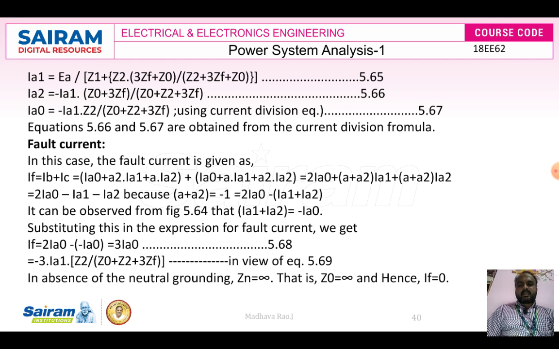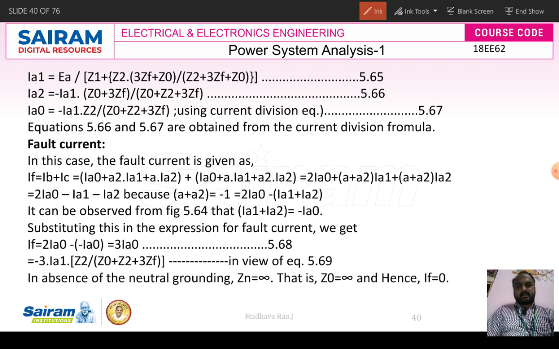Substituting for IB and IC in the fault current and simplifying, you can get IF equal to 3 into IA0. IA0 is equal to minus IA1 into Z2 by (Z0 plus Z2 plus 3 ZF), right?